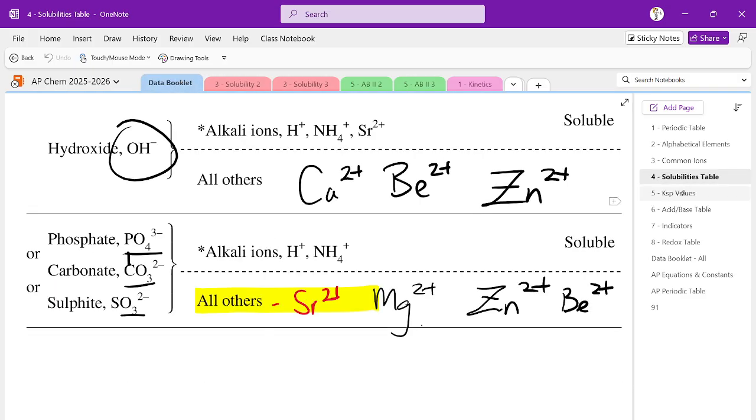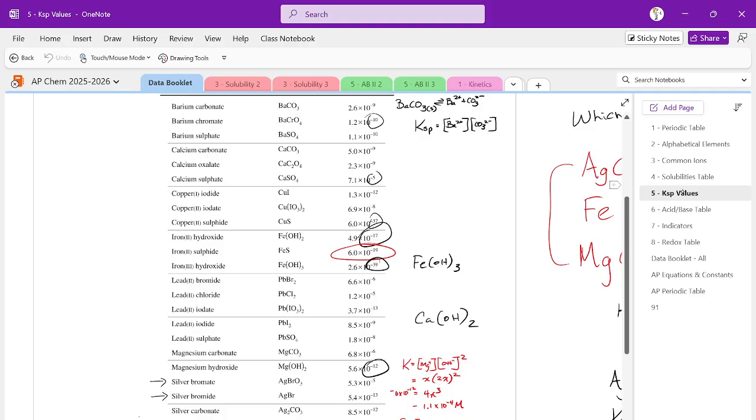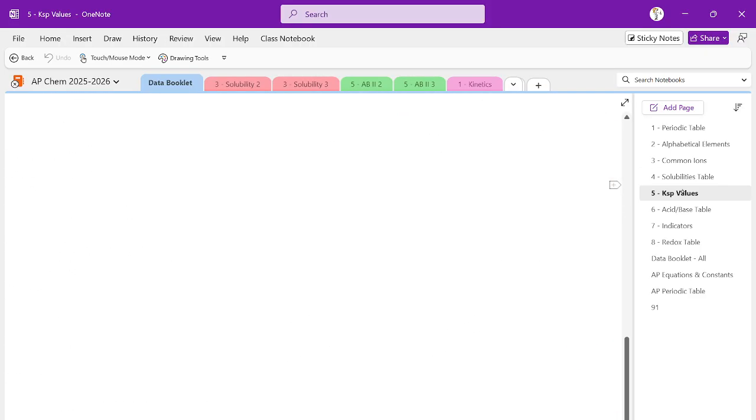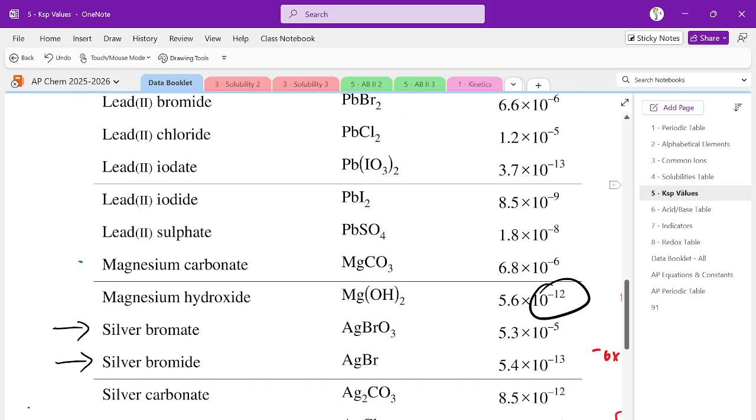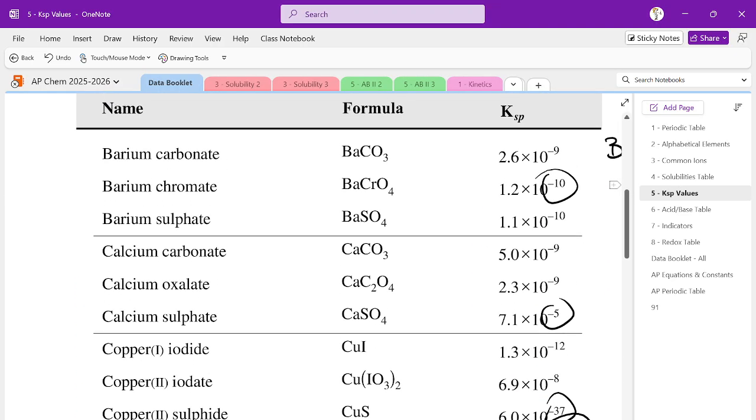I could just look at Ksp because they're all 1-to-1 salts, right? And I could say I've got magnesium carbonate, which is times 10 to the negative 6. I've got calcium carbonate, which is times 10 to the negative 9. And what was the third one?